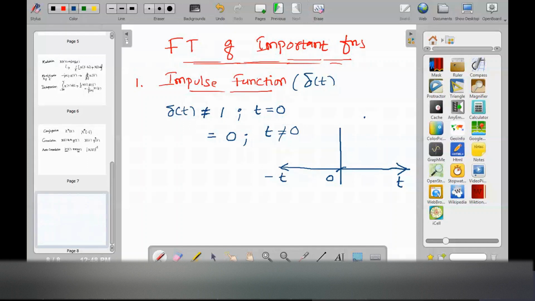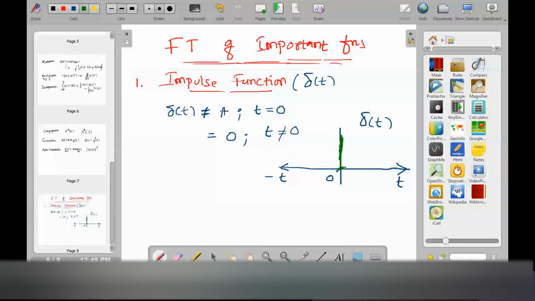If I plot this delta of t on this graph, at t equal to 0 it takes a spike. That means it may not have any finite value. It has an infinite value. It's not equal to 1, and it's not equal to 0 actually.